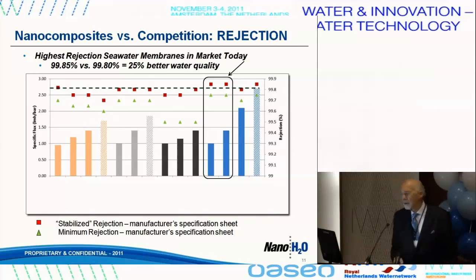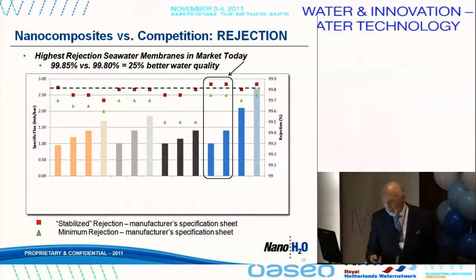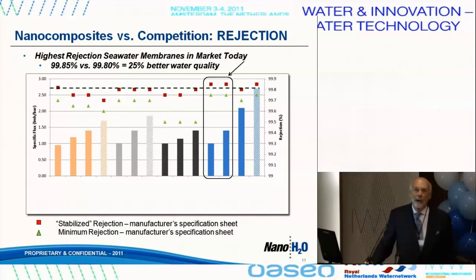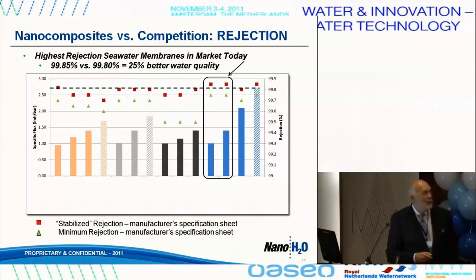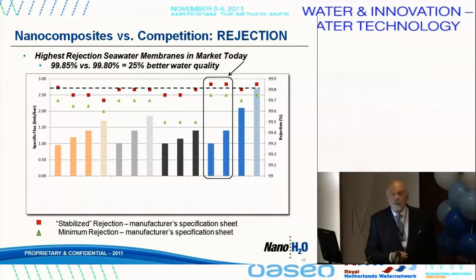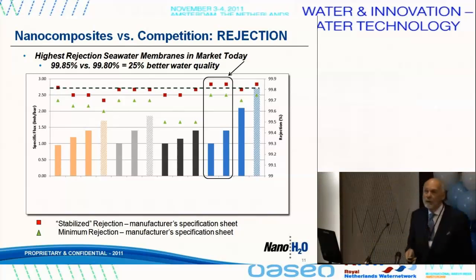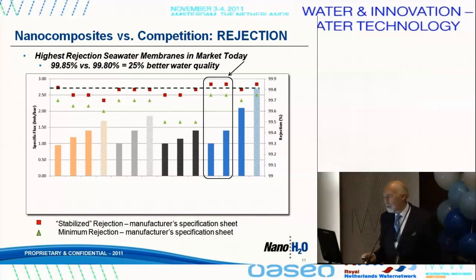The other thing that we've been able to do here, and we focused on flux first, but nanocomposites also can give you better water quality, okay? And so that's something else, that these are lower flux membranes, lower productivity membranes, but with higher rejection. And that's part of the key of looking at these membranes.